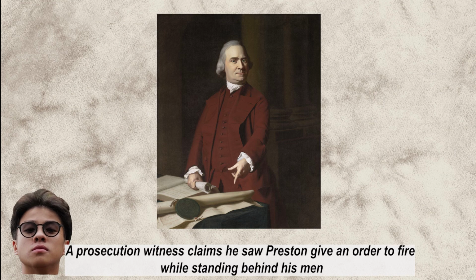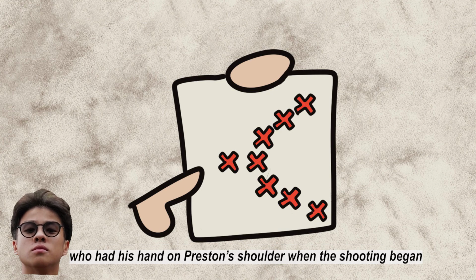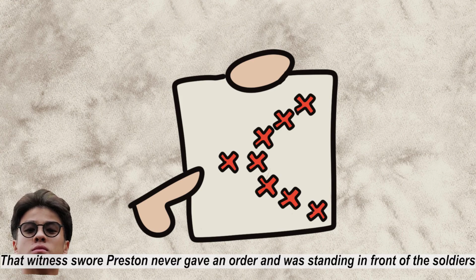A prosecution witness claimed he saw Preston give an order to fire while standing behind his men. However, Adams produced testimony from a witness who had his hand on Preston's shoulder when the shooting began. That witness swore Preston never gave an order and was standing in front of his men.